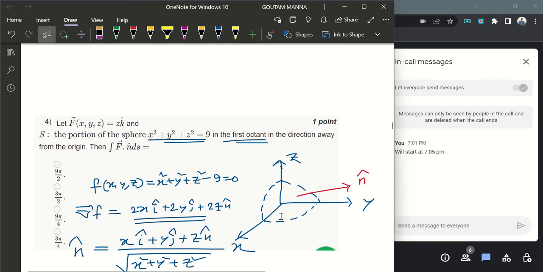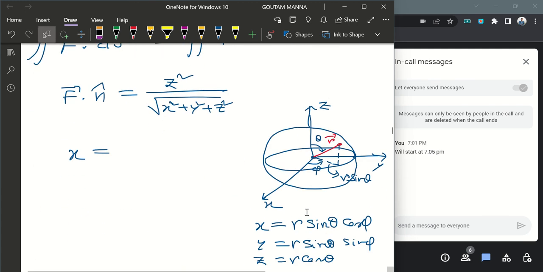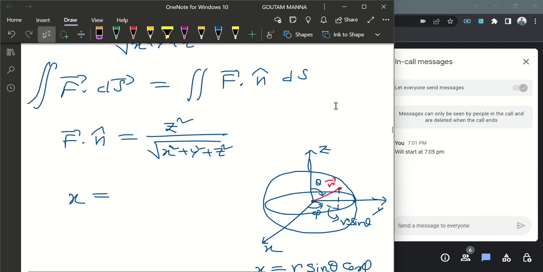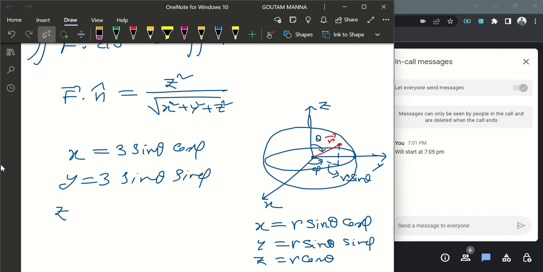And here we are on this sphere of radius 3, since 3 square is 9, so r is 3. So for our case the correct parameterization will be x equals 3 sin theta cos phi, y equals 3 sin theta sin phi, z equals 3 cos theta.